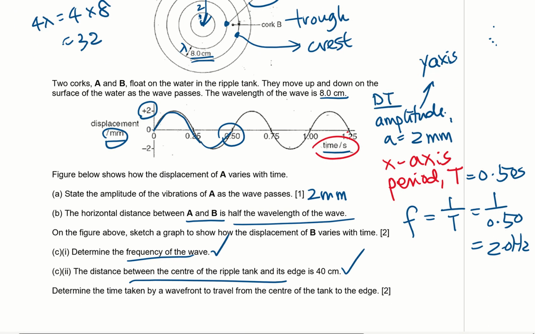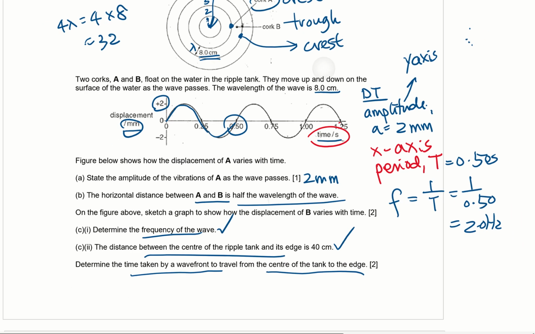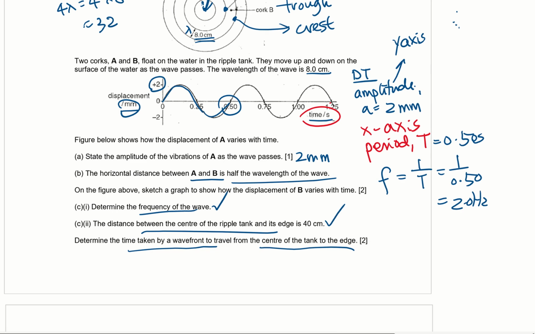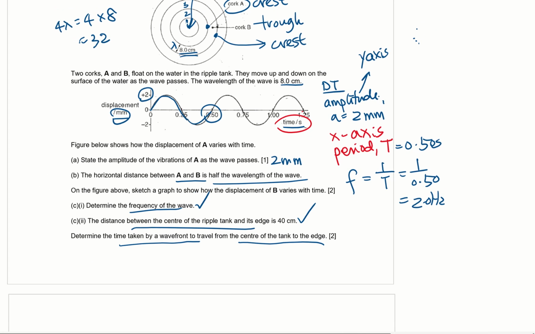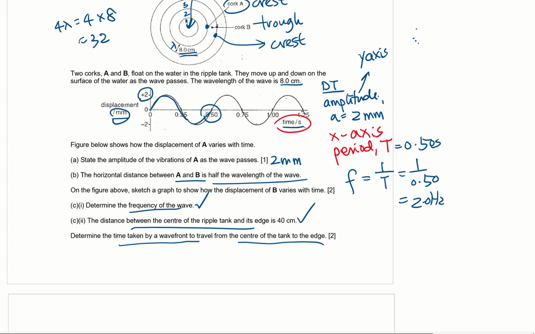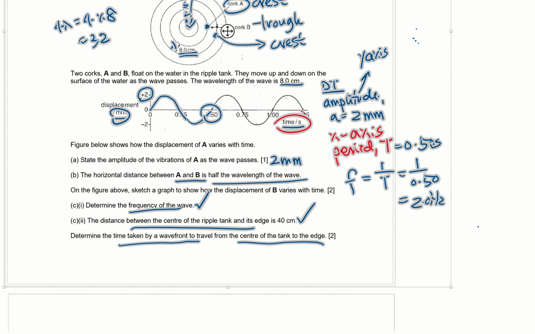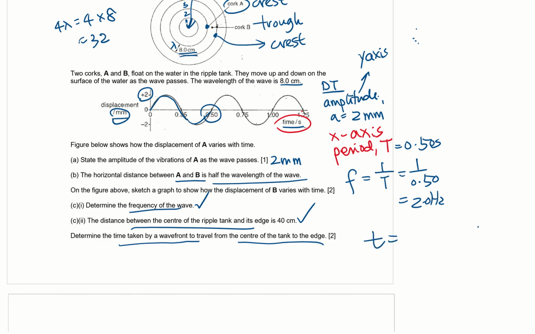So determine the time taken by a wavefront to travel from the center of the tank to the edge. Okay, now we already have the wave speed, do we? But actually, do we need that? What's the time taken to complete one wave? T is equal to 0.5 seconds, right?